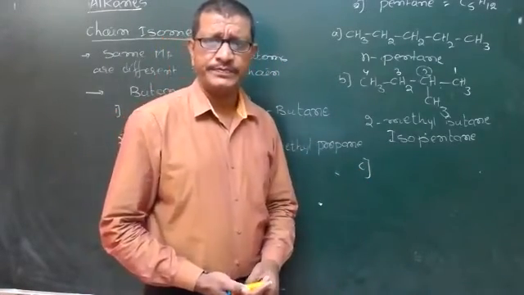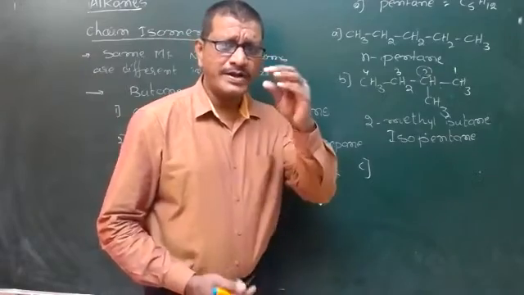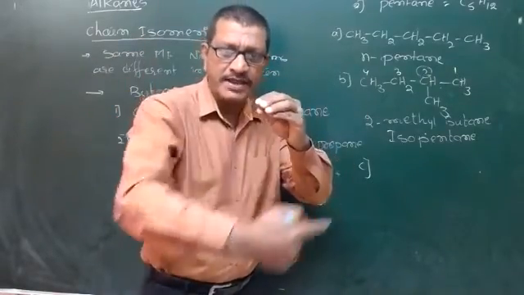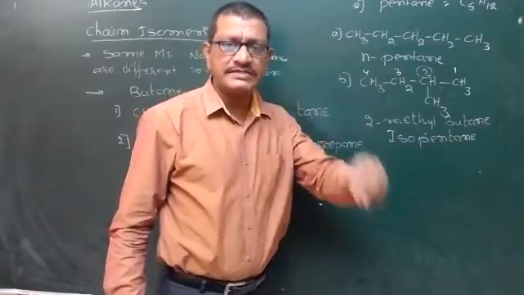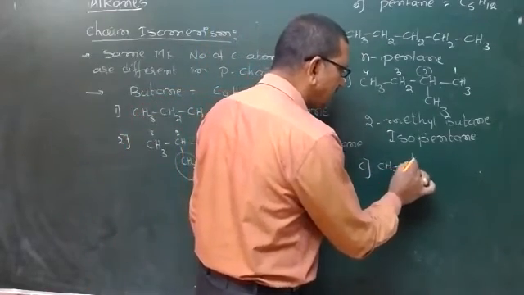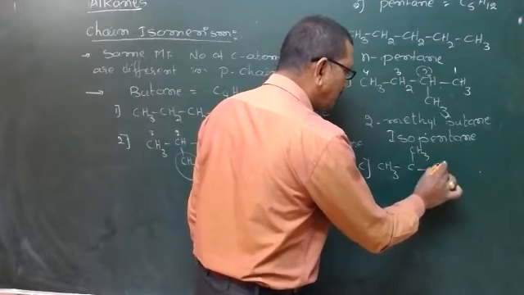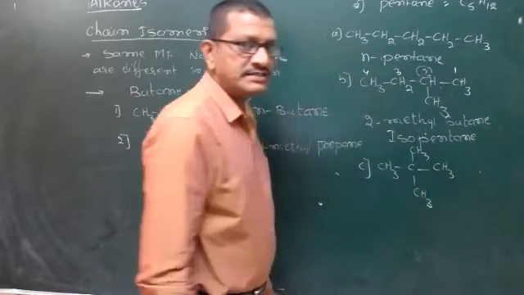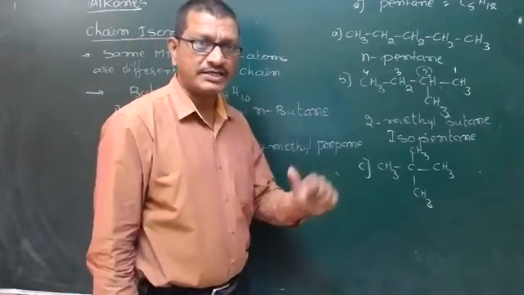Neopentane means one carbon is surrounded by 4 carbons. That's why CH3, CH3, CH3, and CH3. We can select the longest carbon chain from any direction.